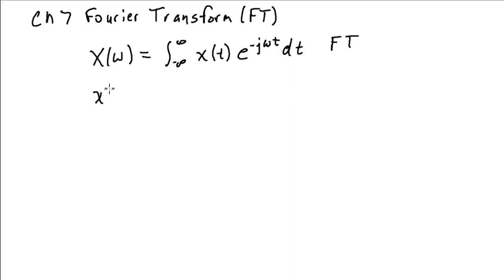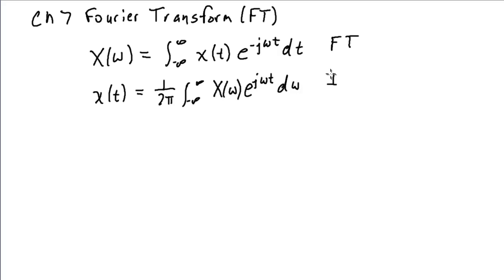And then we can also calculate the inverse Fourier transform. It's 1 over 2 pi times the integral from minus infinity to infinity of X of omega e to the positive j omega t, integrating over all omega. This is the inverse Fourier transform.